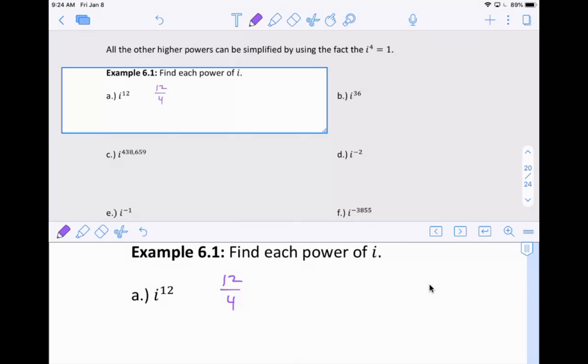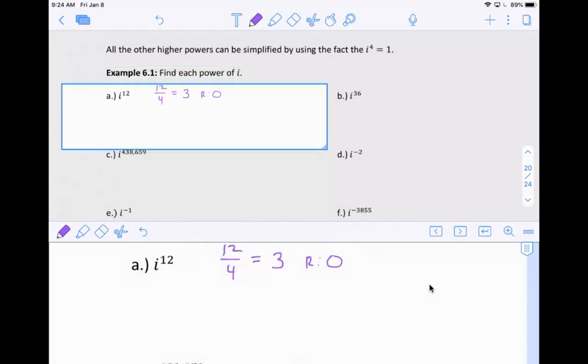I can figure that out by dividing by 4. I get 3, which is a whole number, which means i to the 12th is going to go through 3 full cycles, and it's going to land back on i to the 0. There is a remainder of 0 here. And so i to the 12th is going to be equal to i to the 0, which we saw from the pattern is equal to 1.